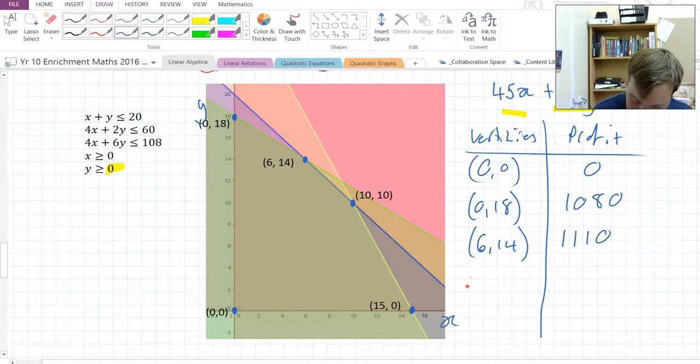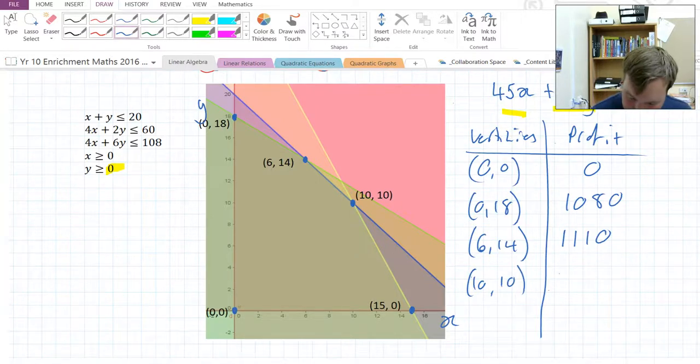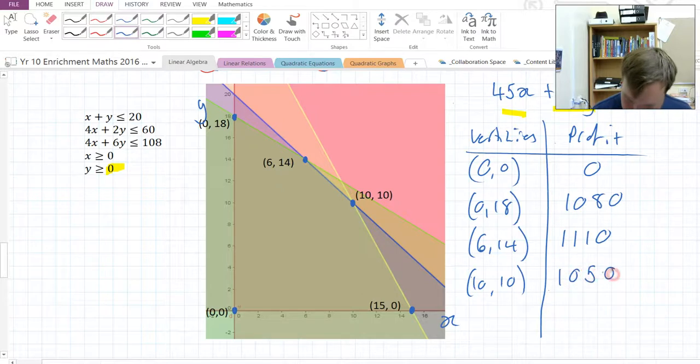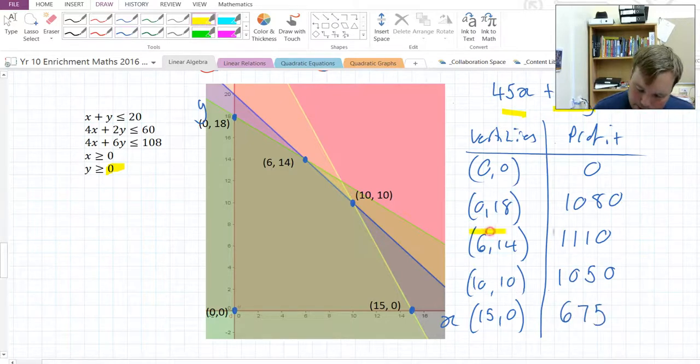Let's try 10,10. 10,10 is 450 plus 600 is 1,050. Now let's try 15,0, which is 45 times 15, which is 675. Our optimal solution then is the point 6,14.